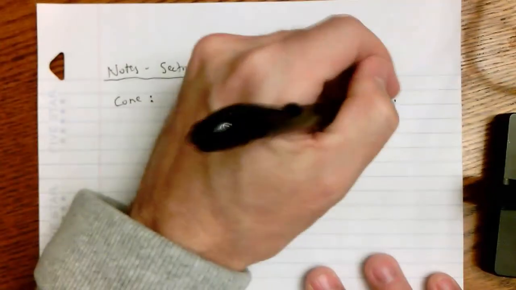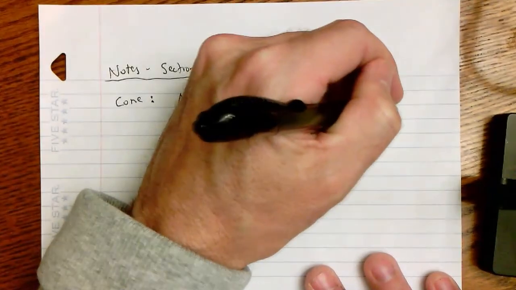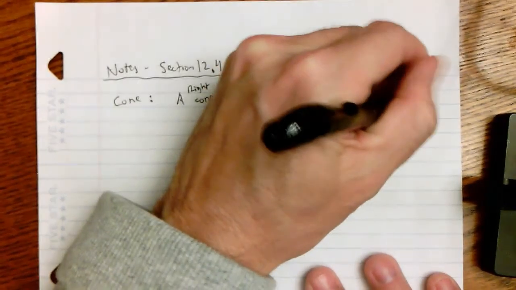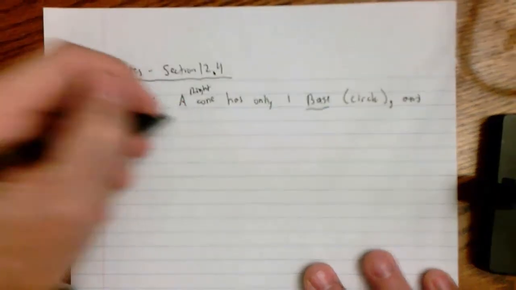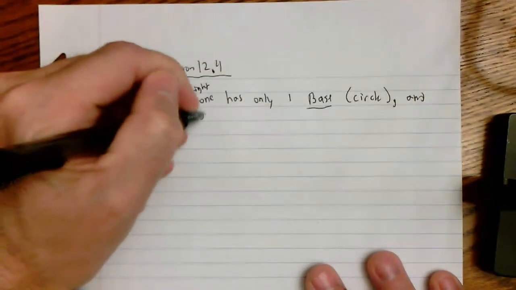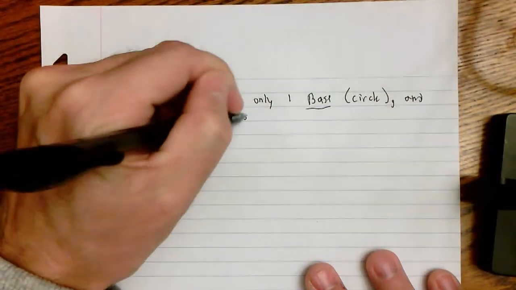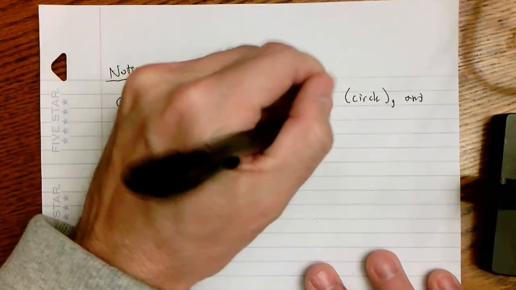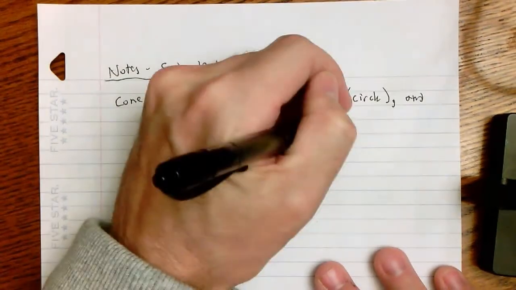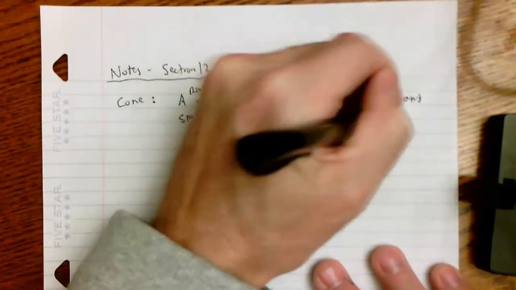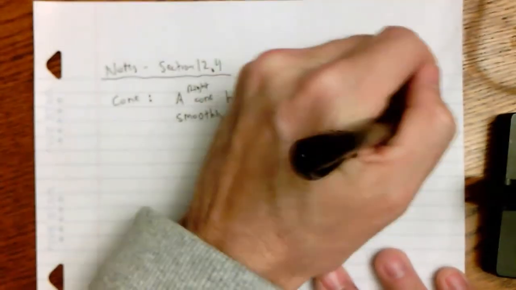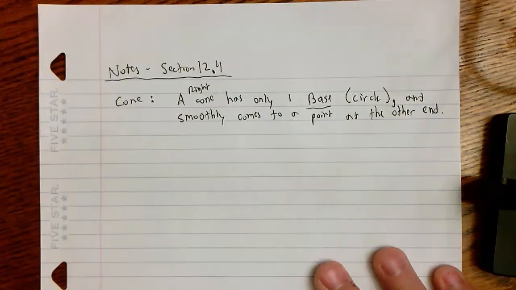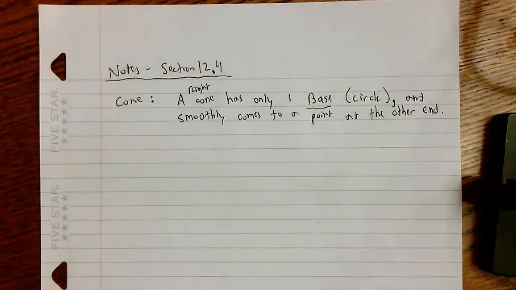So a cone only has one base, it's a circle, and smoothly comes to a point at the other end.